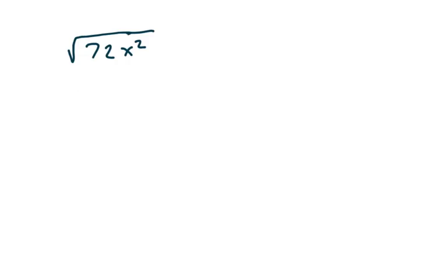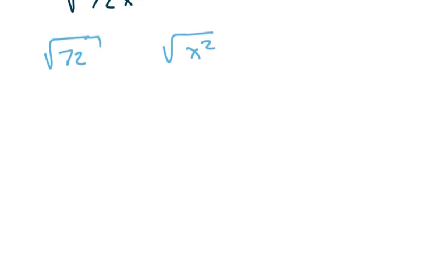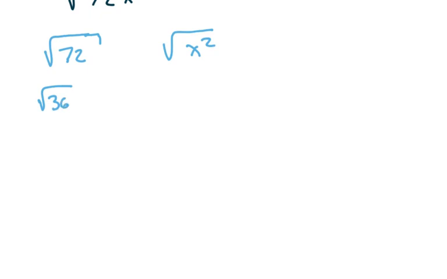So the last one is going to be, let's go light blue, square root 72x squared. Again, this is more of the same. We're going to play with the 72 first, and then we're going to play with the x squared. Now, I'm going to go a little fast here. 72 is 36 times 2, which is the square root of 36 times the square root of 2, which is 6 root 2.